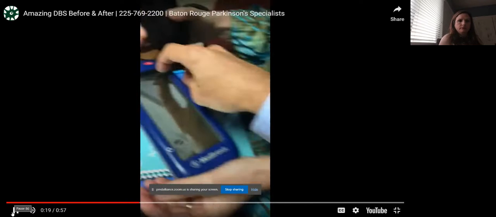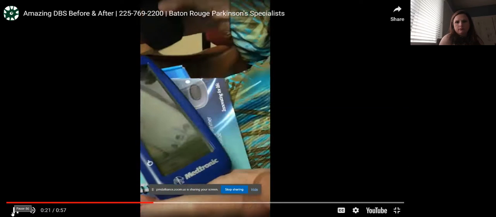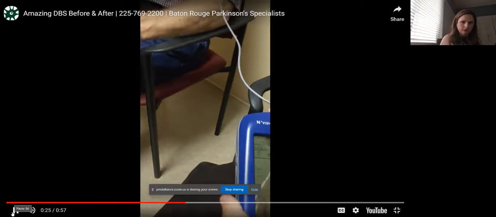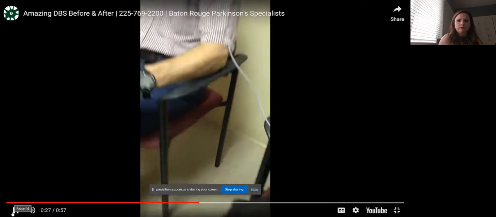Okay, so we're here for the initial programming session. You got both sides of the brain put in, bilateral stimulators, and we're here for the initial programming session. This is what it looks like without the medicine and the stimulator. And now we're just going to turn it on. If I can get my fat fingers to hit the button, there we go.